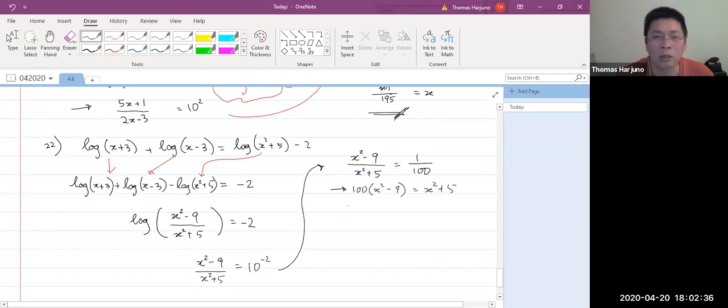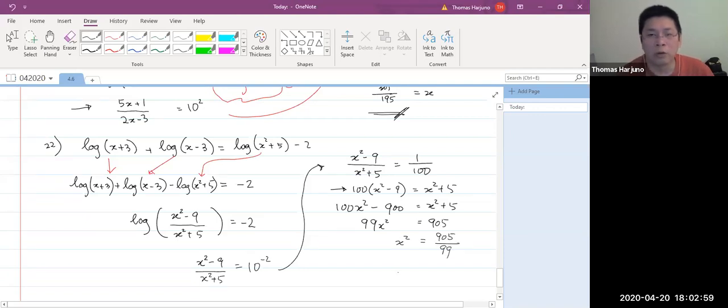So 100x squared minus 900 equals x squared plus 5. Subtract x squared from both sides, that's 99x squared, plus 900 both sides, that's 905. So x squared equals 905 over 99.